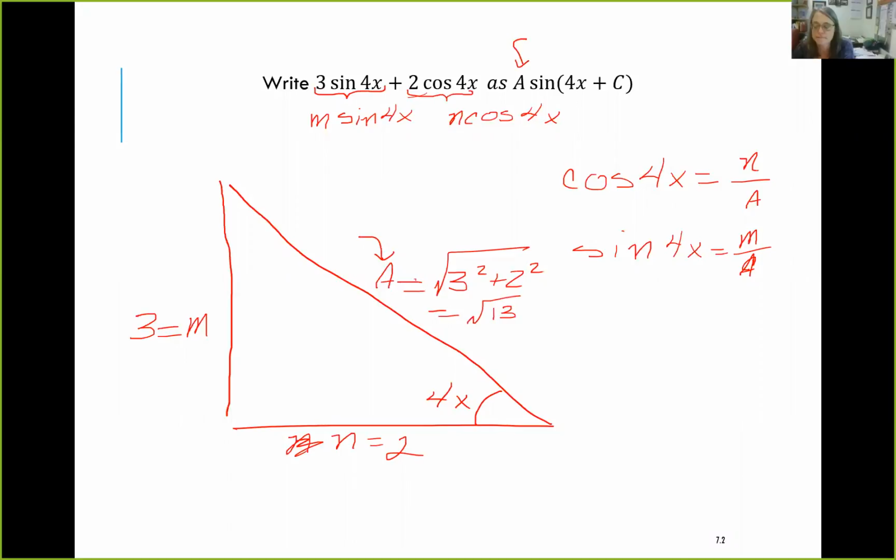Okay? So we have found our A is the square root of 13. Now, how do I find C?